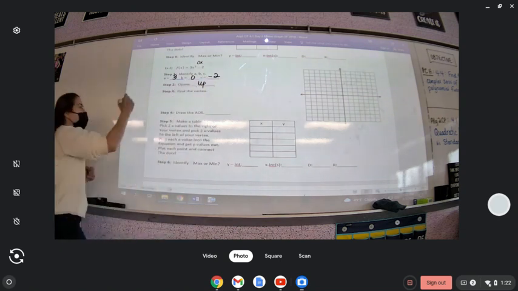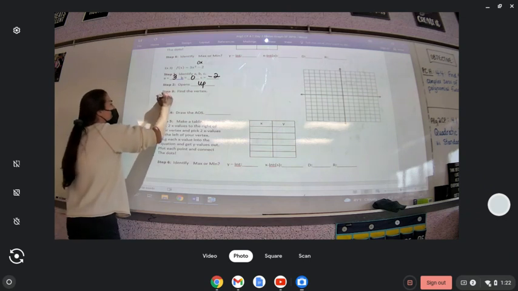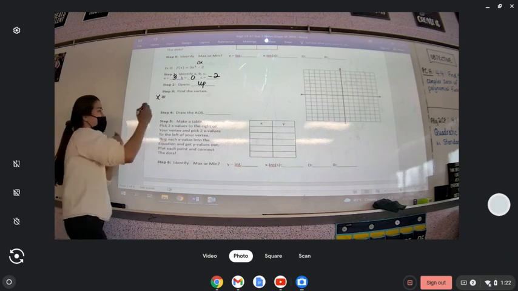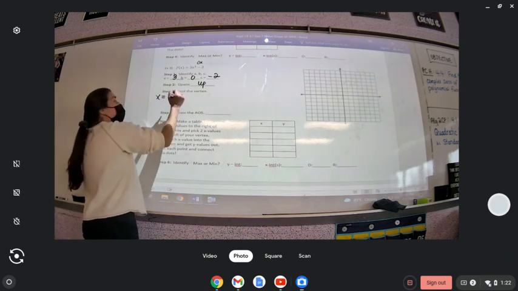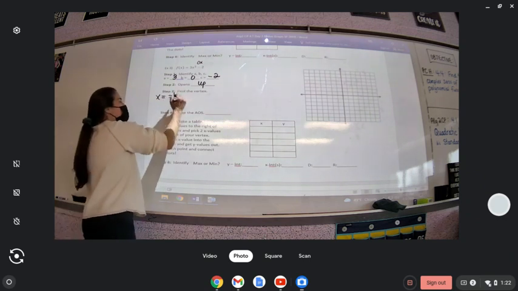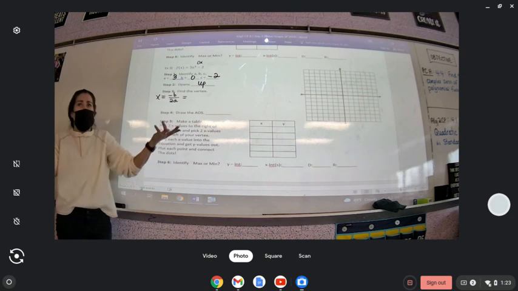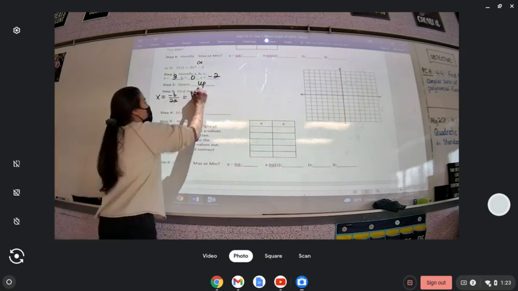All right, let's get our vertex. The x-coordinate will always be equal to, what's our formula? You've got to memorize this. Negative b over 2a. And this is why you might be like, ooh, b is 0? I hate that. No, you're not. You love that. If b is 0, is there such a thing as a positive or negative 0? No. So when they ask for the opposite of b, what's the opposite of 0? 0.